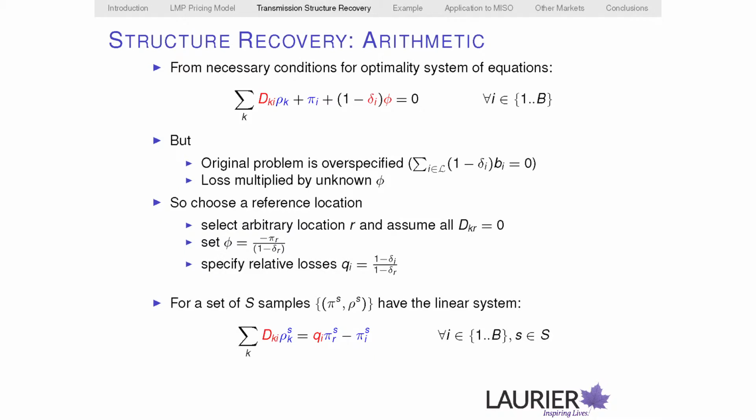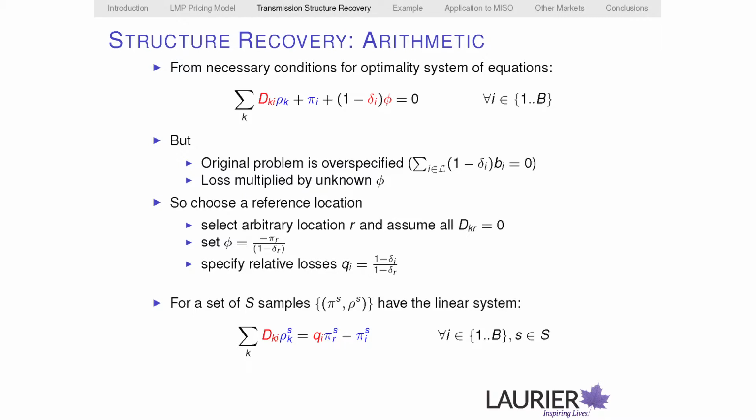So we can set a reference location and select an arbitrary location R. And for all of those R's, we can set their utilization parameters equal to 0. So then the D that we are going to infer is going to be relative to that reference location. But it won't matter which location we choose, we're going to get an equivalent set of constraints.